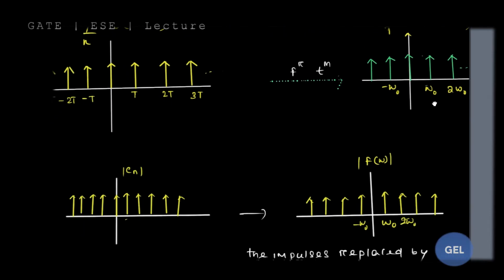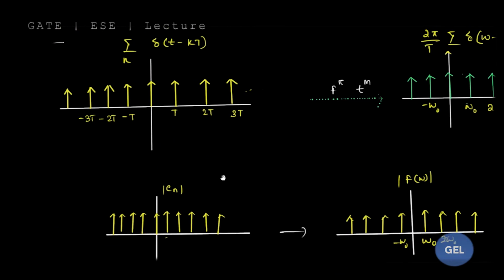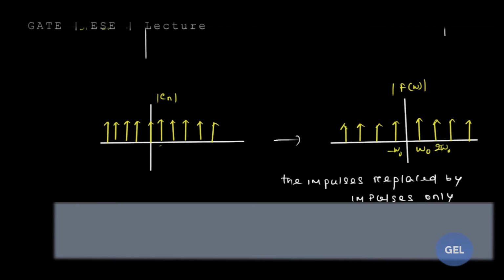If you take the magnitude spectrum of this function, you can clearly see the impulses located at omega naught, 2 omega naught, minus omega naught, minus 2 omega naught. Clear this concept? This is a very important concept.